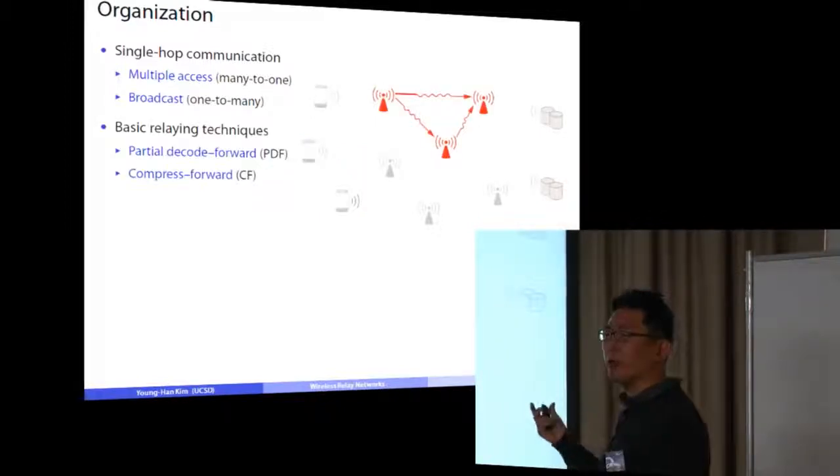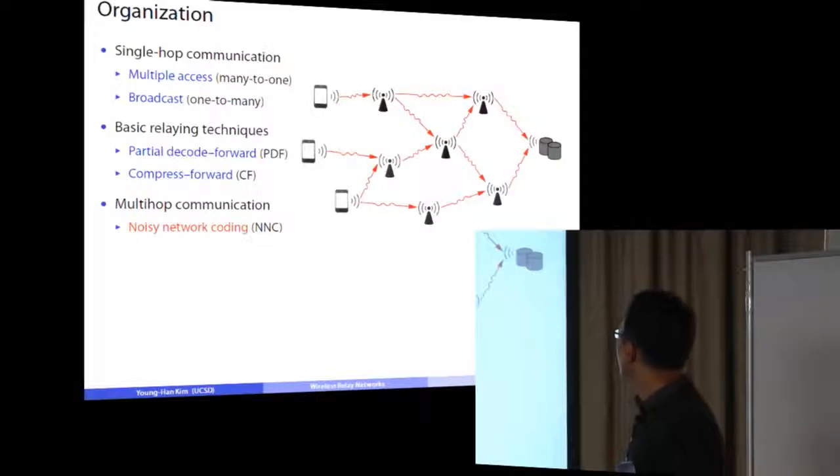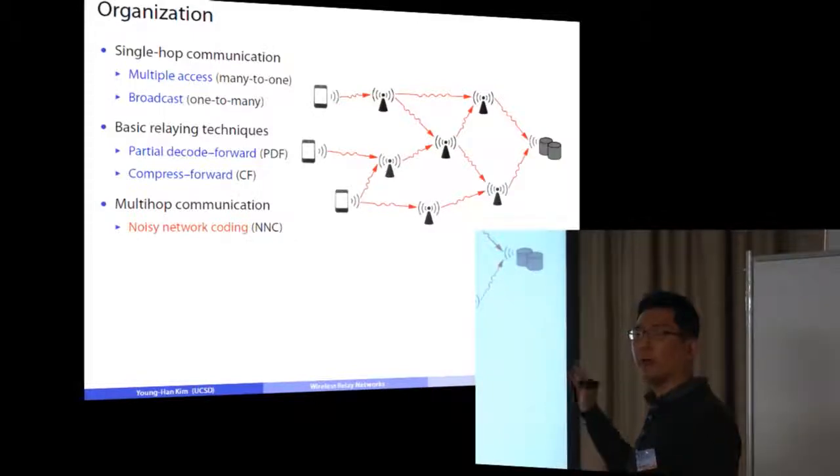Then we'll go to a very simple cooperative communication model, which is called the relay channel. There, a single sender is communicating to a single destination with the help of a relay. And there have been many coding schemes proposed for this relay channel. We are going to go over two canonical ones, called partial decode forward and compress forward. And once we master these simple coding techniques, we'll finally move on to the relay network.